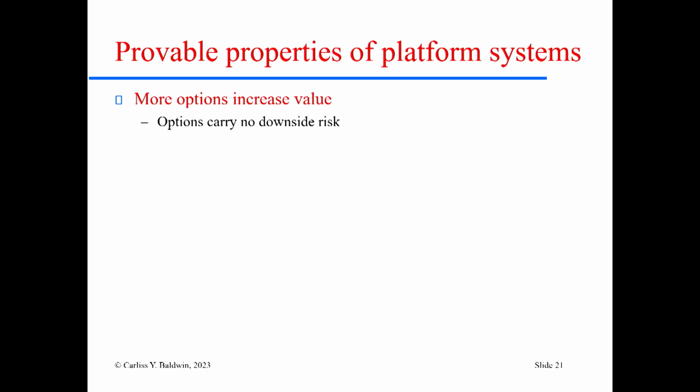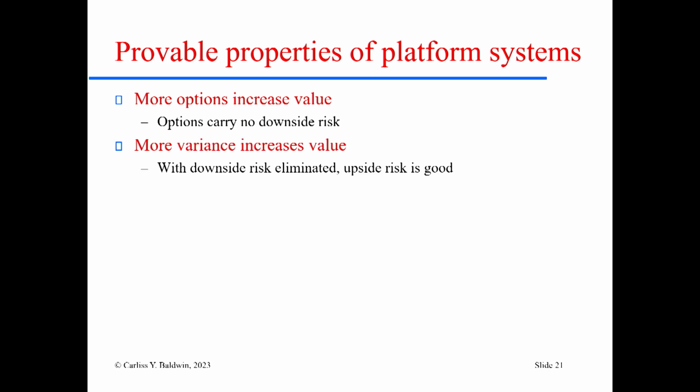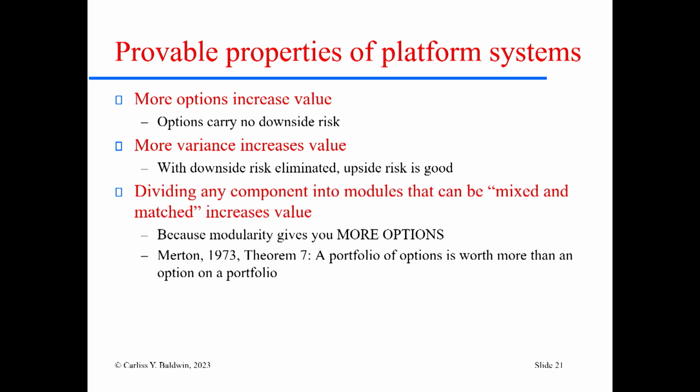Provable properties, I'll go quickly here. More options increase value because, as we all know, call options have no downside risk. More variance increases value because with the downside risk eliminated, the upside is good. Dividing any component into modules that can be mixed and matched increases value because more modules gives you a portfolio with more options.